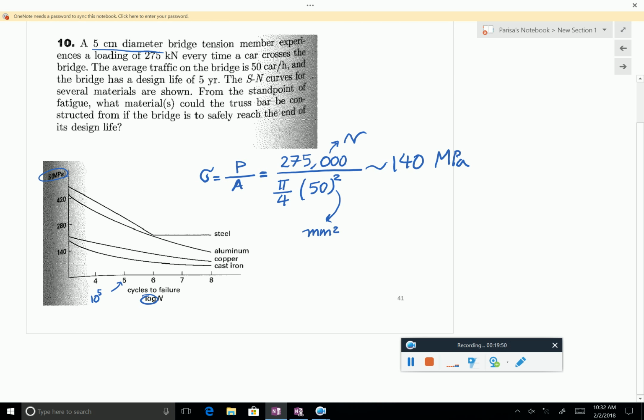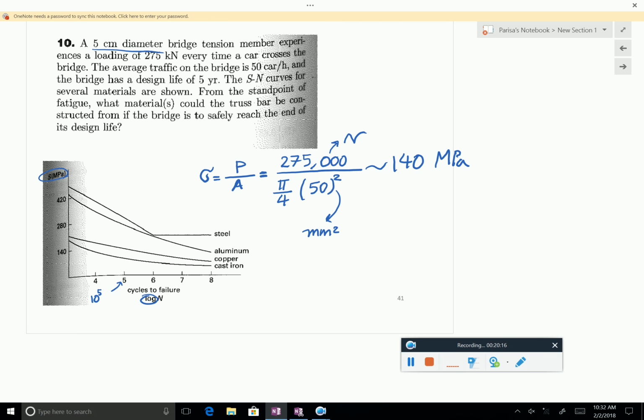So the first thing is we can calculate the stress, and don't be confused. Every passage of a car makes this much stress. You don't have to multiply it by the number of cars or anything. The whole point about an S-N curve is that you look at so many repetitions of the same thing until it breaks.